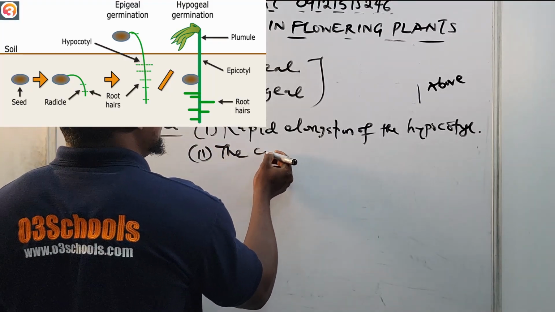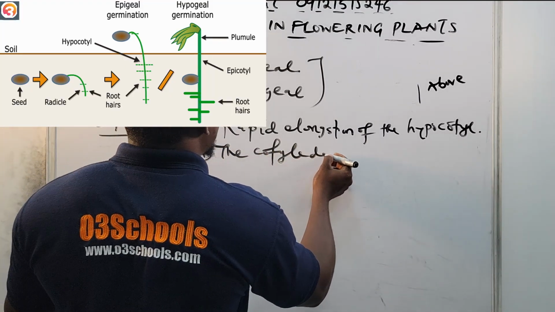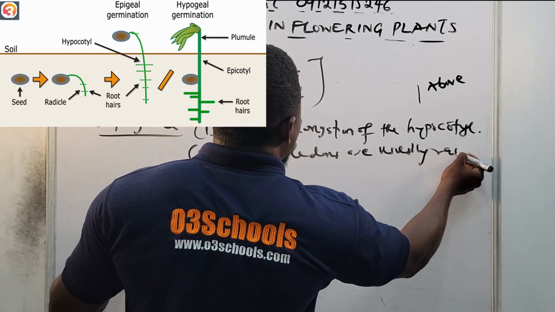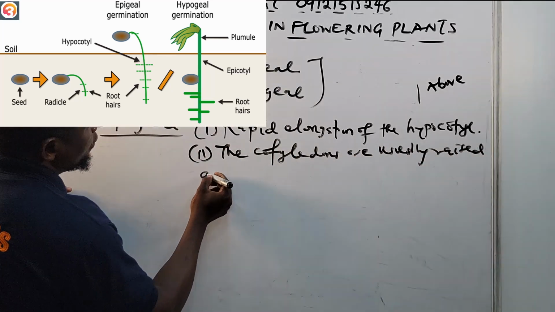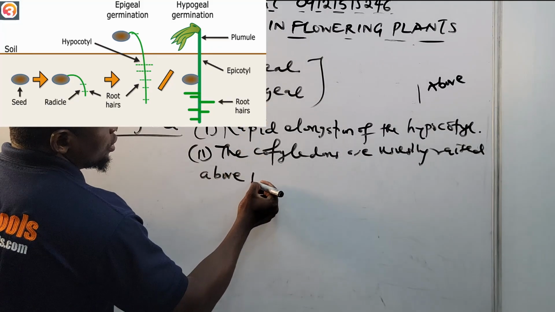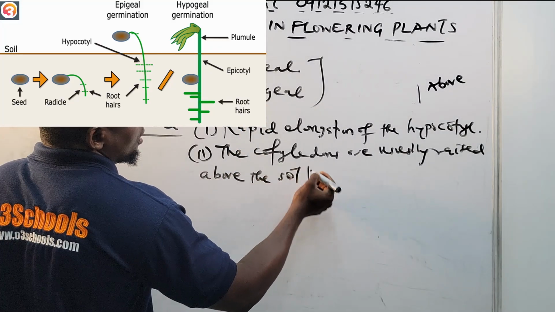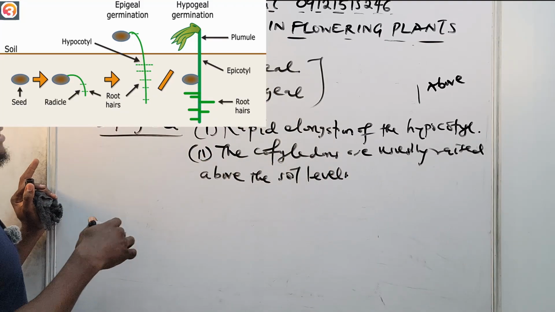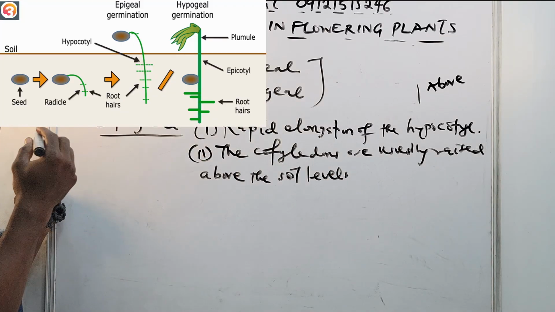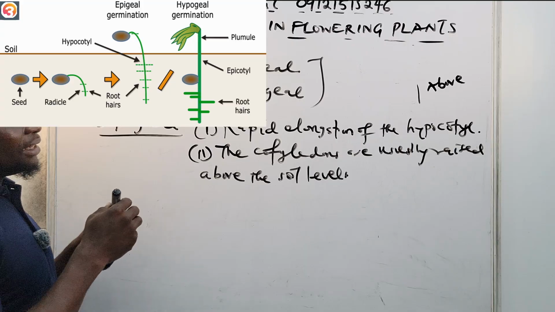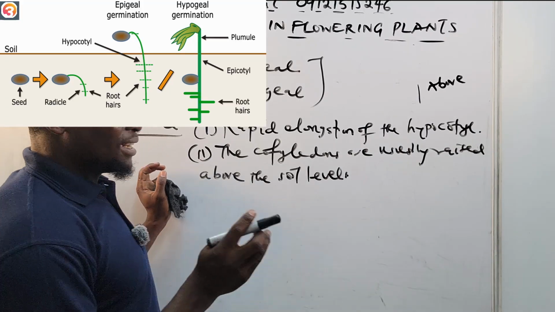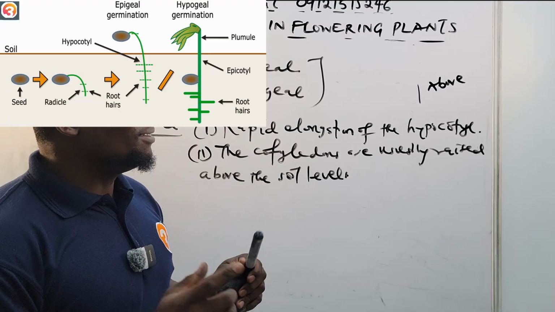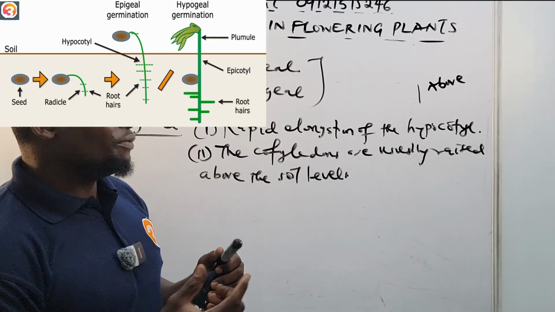In epigeal germination, the cotyledons are usually raised above the soil level. So the epigeal germination is characterized by rapid elongation of the hypocotyl, and the cotyledons are usually raised above the soil level.